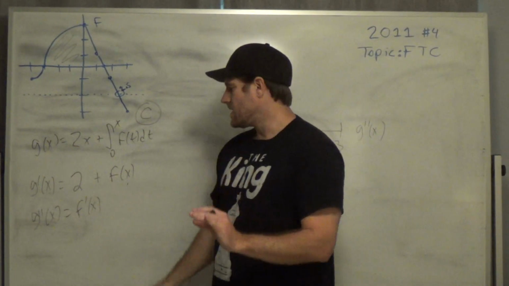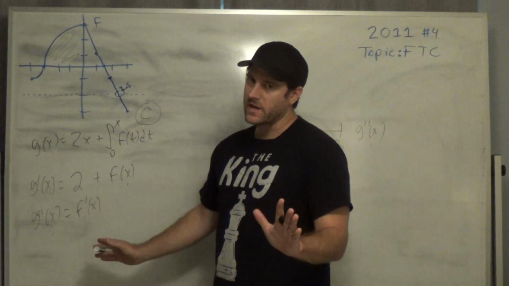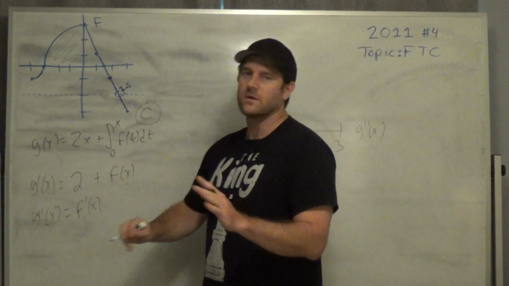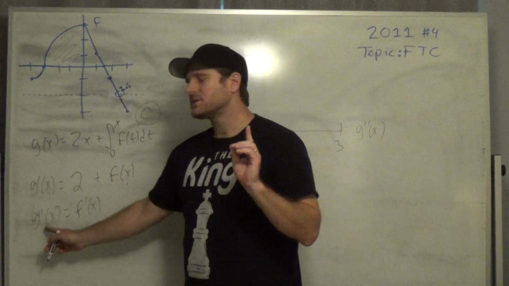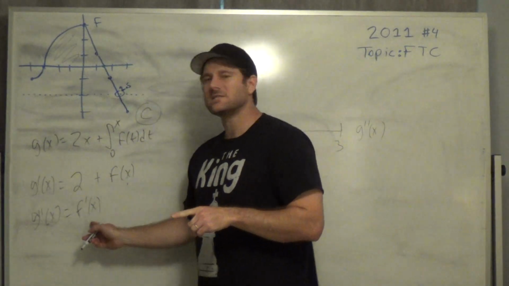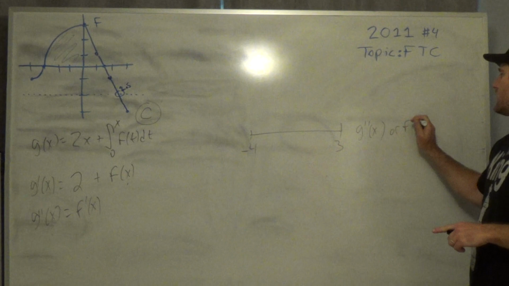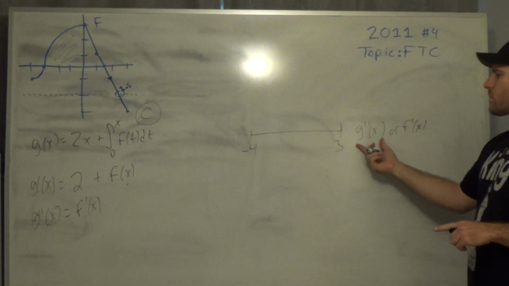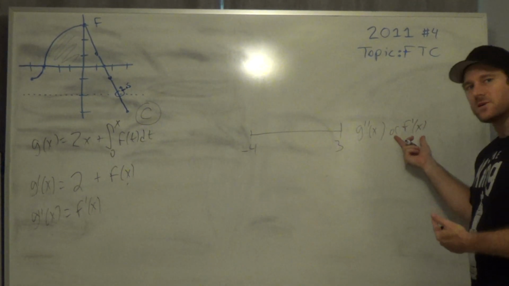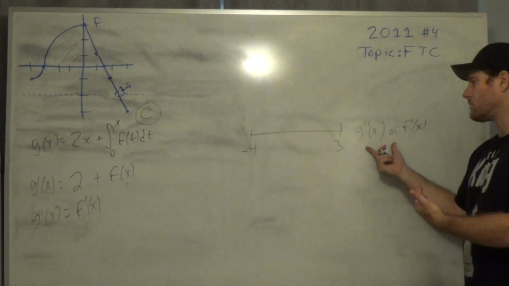And this is key. Notice the 2 here went away. So much nicer not having this 2x or this 2 here. It's gone finally. If I want a sign analysis chart of g double prime x, it's the same as f prime x. So if I make a sign chart of f prime x, that's a sign chart of g double prime x.